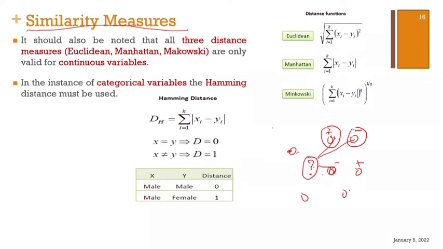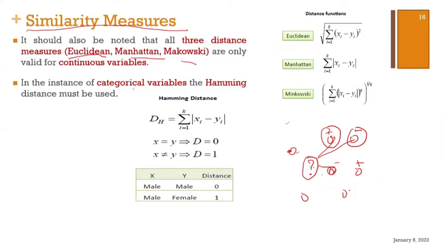Now, it should be noted that there are common distance measures that are often used. So we have the Euclidean distance, the Manhattan distance, the Minkowski distance, and a couple of other ones.